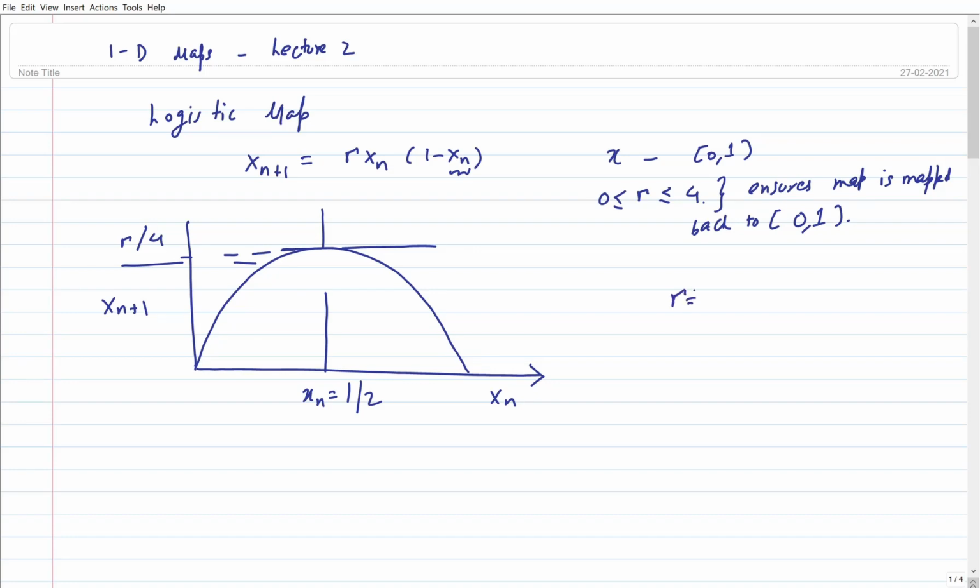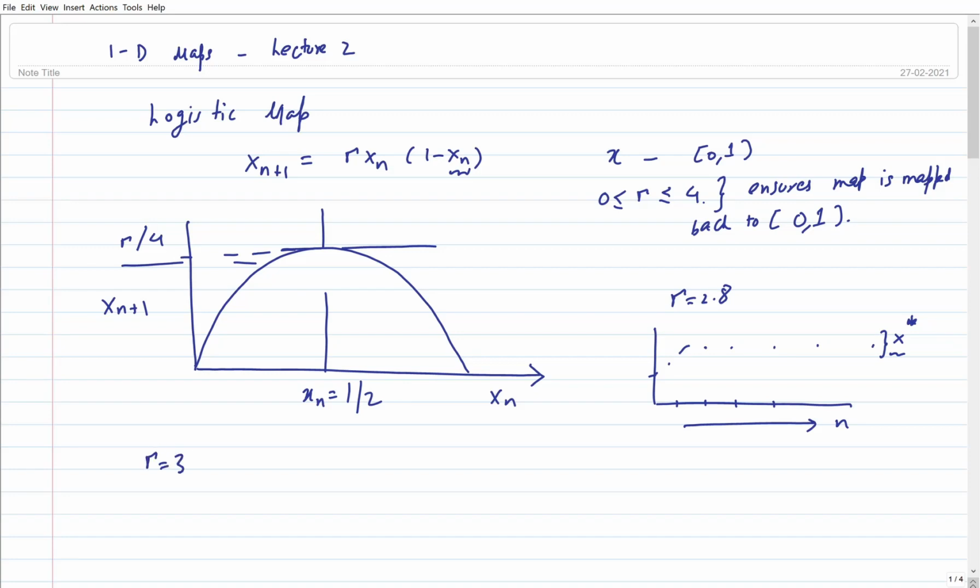Let's say picking a value of r 2.8, we saw that as time progresses, starting from some initial condition, it reached a fixed point x star, and the x star did not depend upon the initial condition.